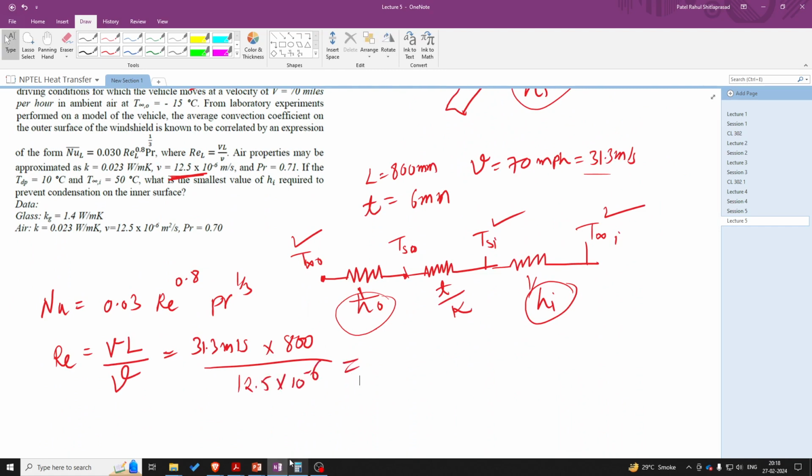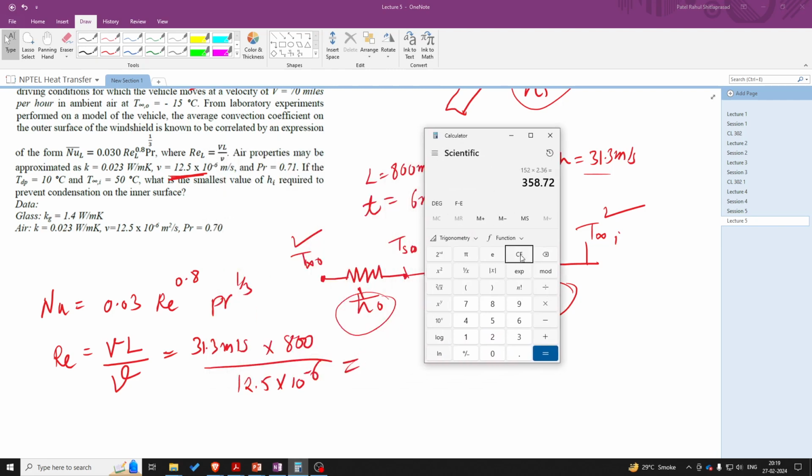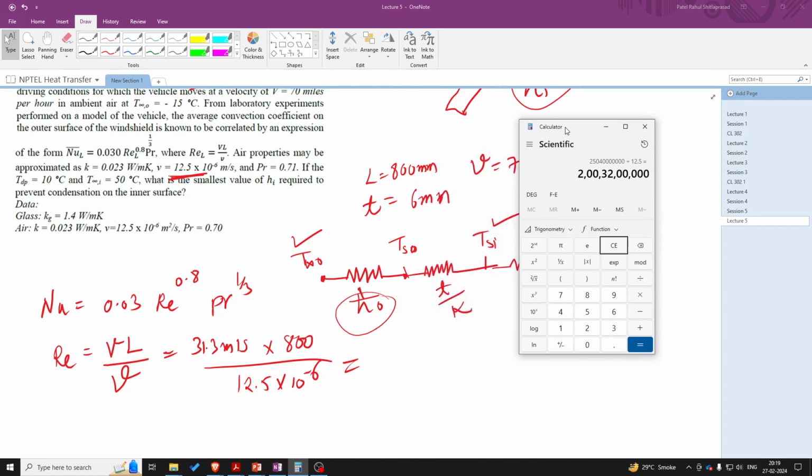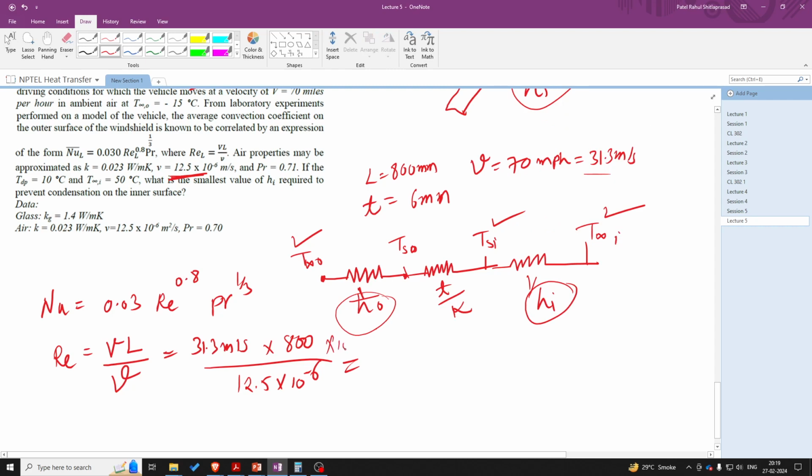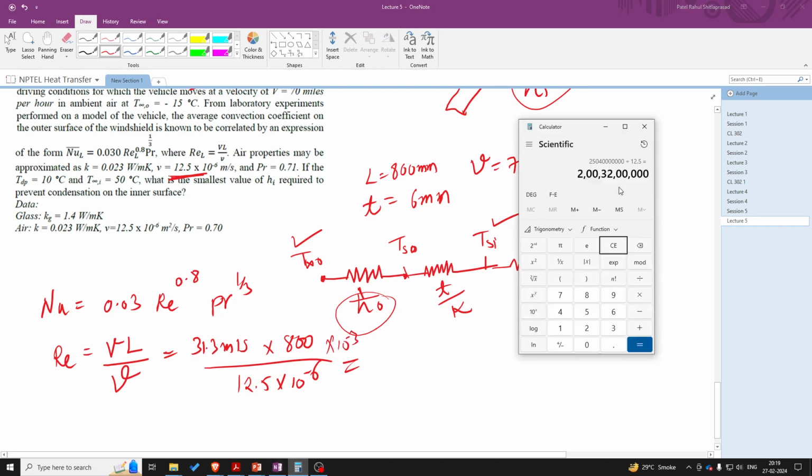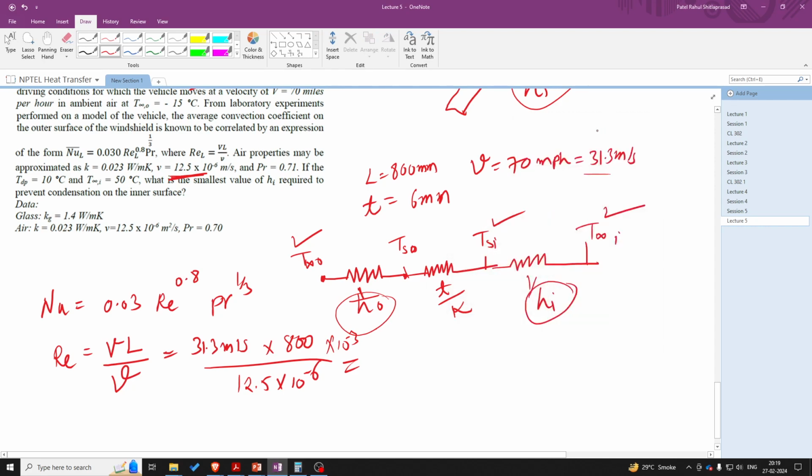From that we can calculate the Reynolds number as 31.3 into 800 divided by 12.5. This is mm, so there will be 10 raised to minus 3 term over here. So basically it comes around 2 into 10 raised to 6 approximately.